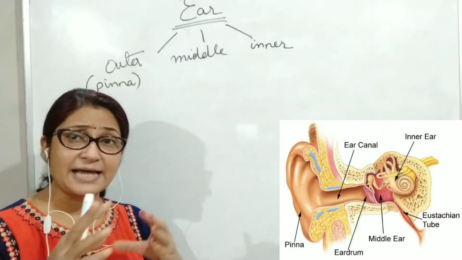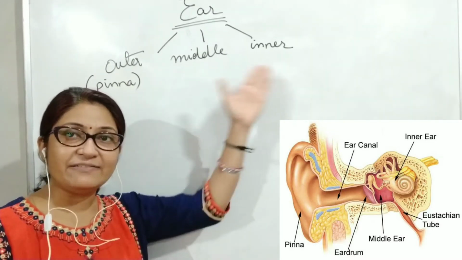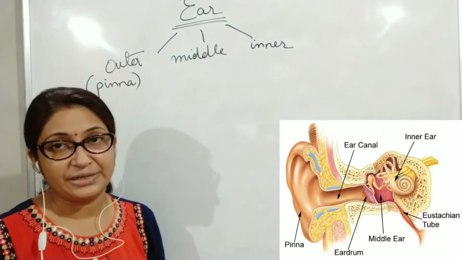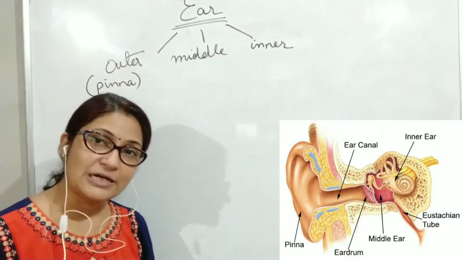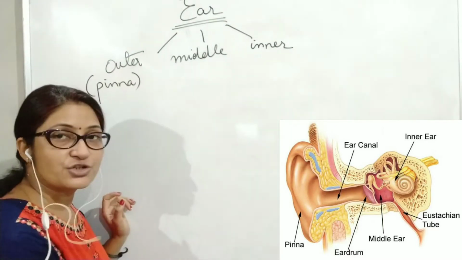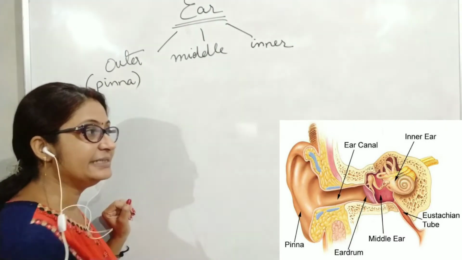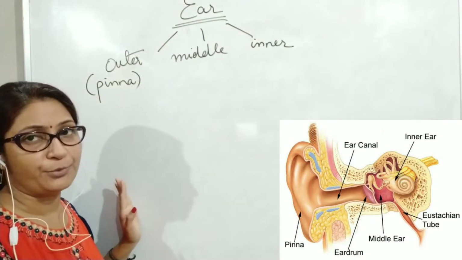So all this happens within nanoseconds. It is so quick that you cannot separate it out individually, but this is actually happening whenever you hear any kind of sound. So this is the internal structure of our ear. You can see the outer ear, the middle ear, and the inner ear. That is all about the ear in your book.